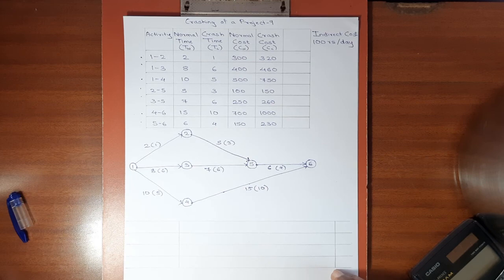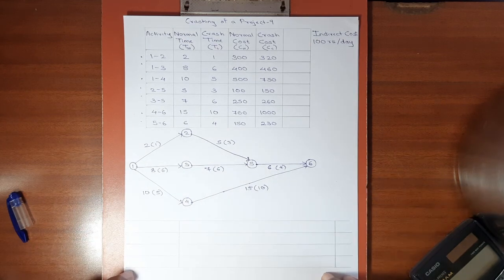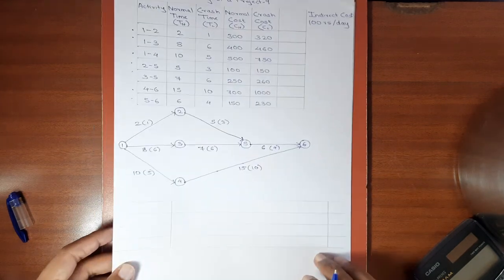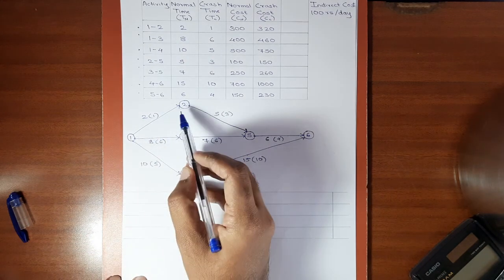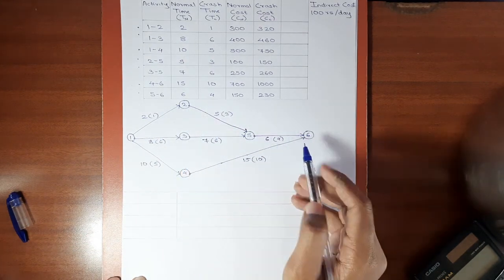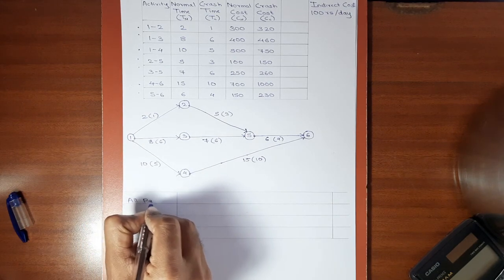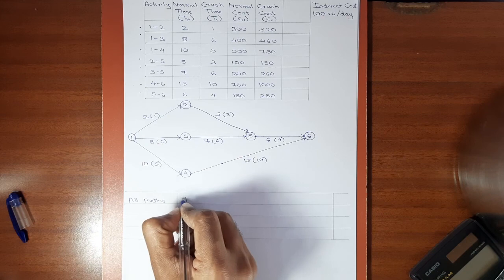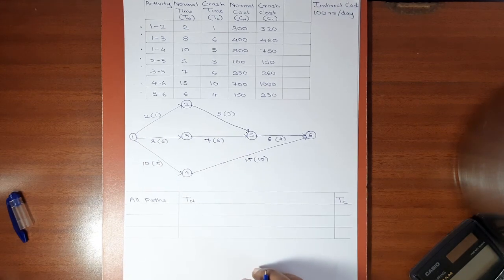Now we need to find out the total project duration and the critical path. To do that, first we'll be listing out all the possible paths from first node to last node. So the first possible path will be 1, 2, 5, 6. I'll just mention over here all paths, Tn, that is normal duration, and Tc, crash duration.